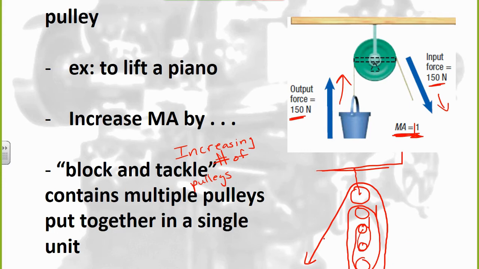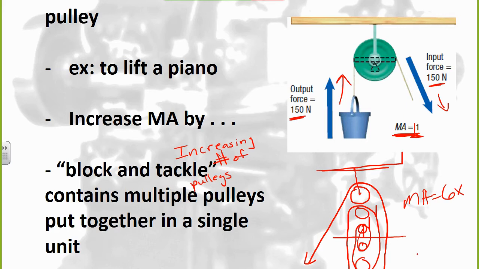And you're not allowed to count the rope that you pull down. You can count ropes that you pull up, but you can't count ropes that you pull down. So let's count the number of ropes. 1, 2, 3, 4, 5, 6. So my mechanical advantage of this pulley system is 6. That gives me a 6 times advantage when pulling on something.